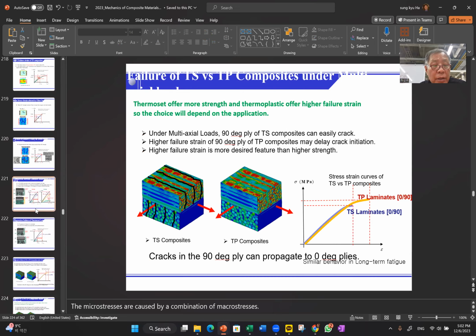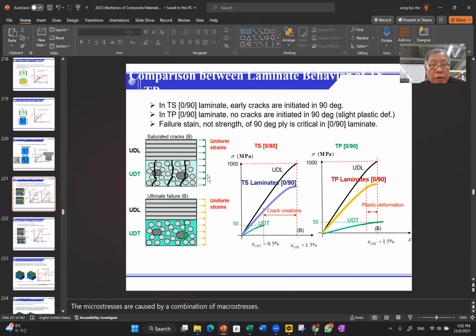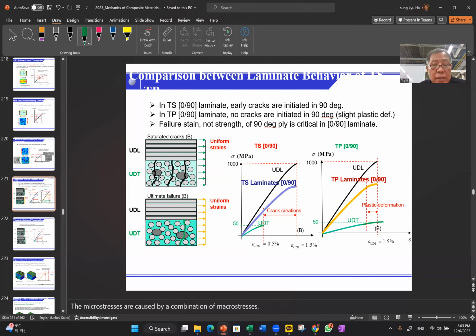Okay, this can be important in understanding composites. So I'm going to explain this one. Let's imagine 0/90. We apply a certain strain, because the composite always behaves together. Now the transverse direction, the resin side, because of high stress concentration, can easily crack between the fiber and resin in UDT.